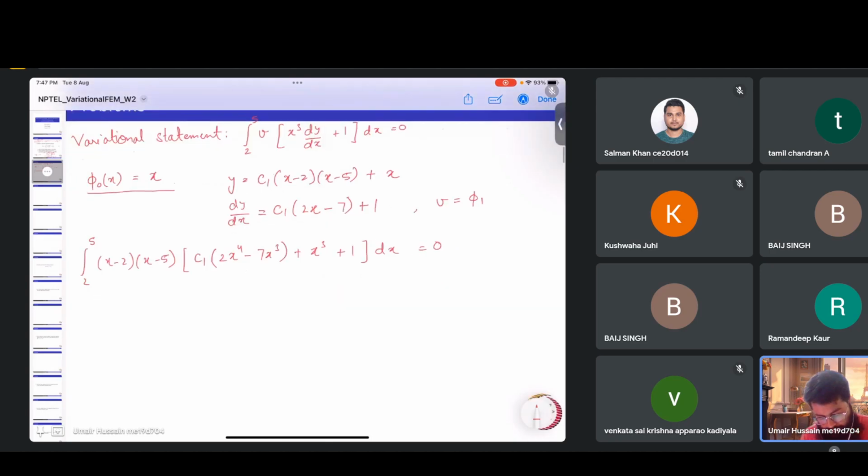So we are going to get a big expression here: c1 into x square, x plus 10, then 2x to the power 4 minus 7x cube.